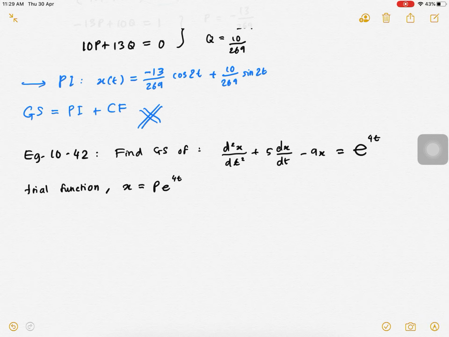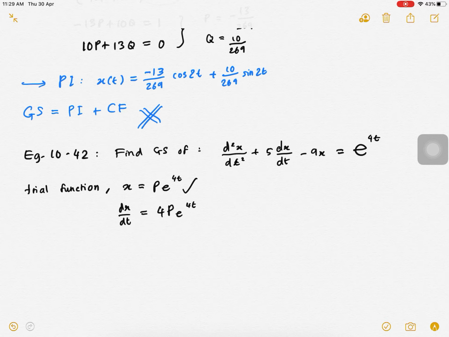I just want to explain that the trial function is actually the solution of this differential equation, but not the general solution, but the particular integral. Okay, so since we know the trial function, we find dx/dt.